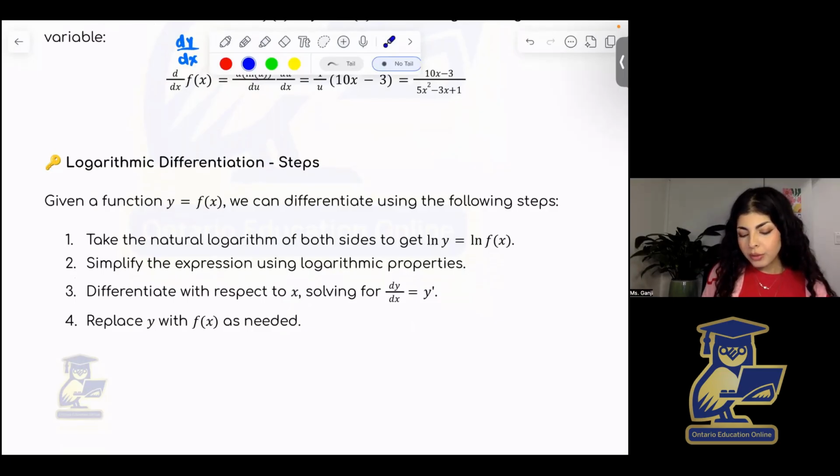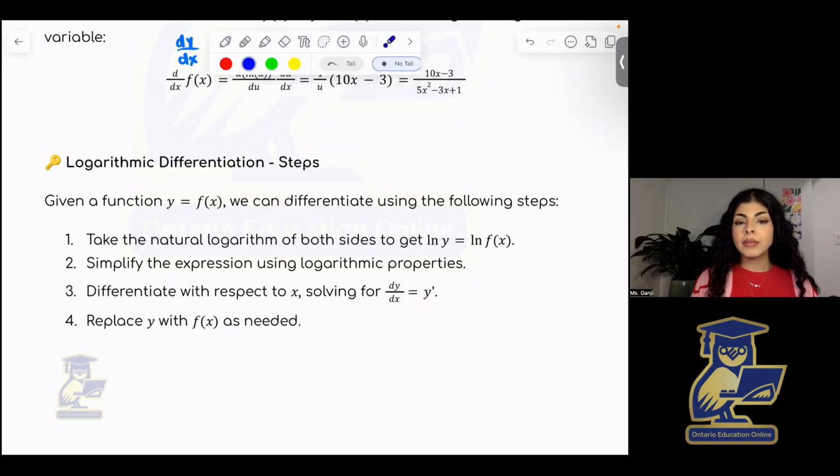Remember, our original derivative is y prime of x, which is dy by dx. So you'll see that somewhere in this differentiation, but not explicitly. Then you have to do a little bit of simplification and solving and moving things around to be able to solve for y prime.